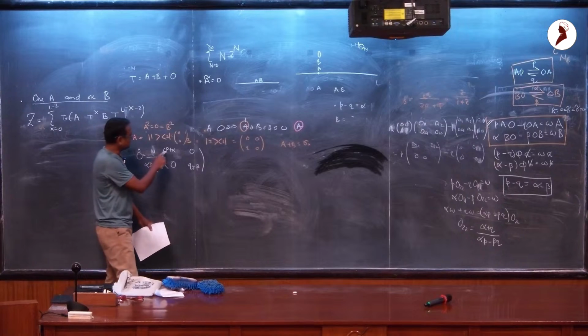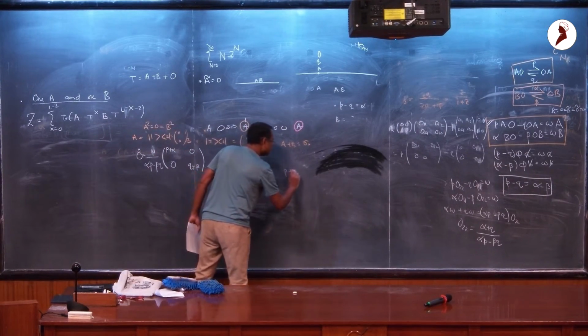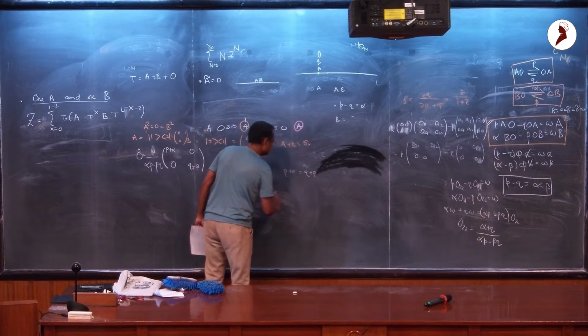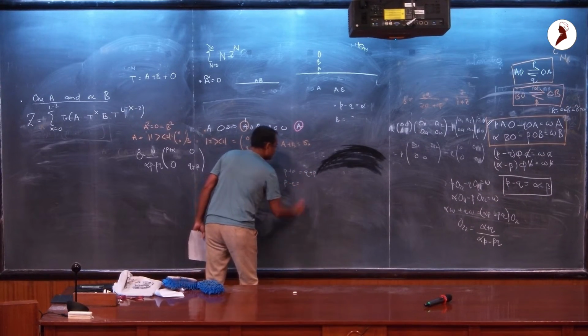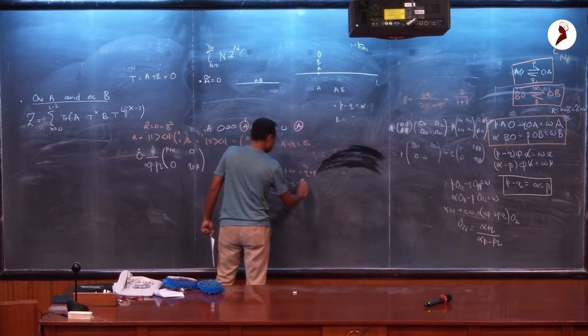So here we can see that when p plus alpha equal to q plus beta, let us say that p plus alpha equal to q plus beta, which means that p minus q equal to beta minus alpha.